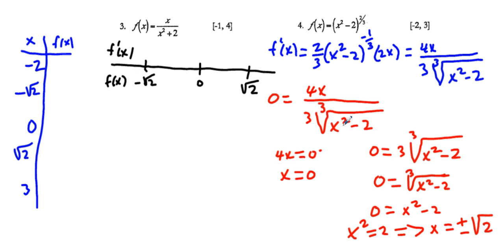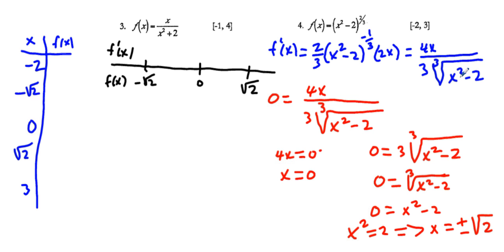So if we plug in negative 2, we got 4 squared, let's see, that would be 4.